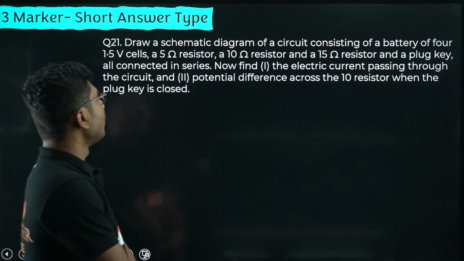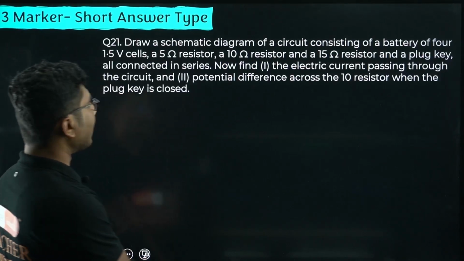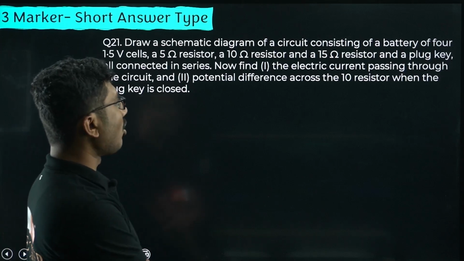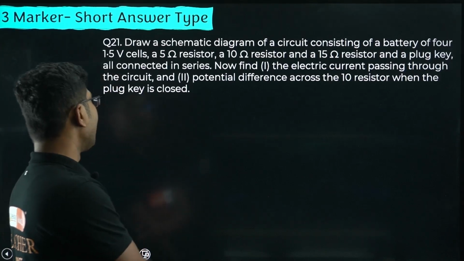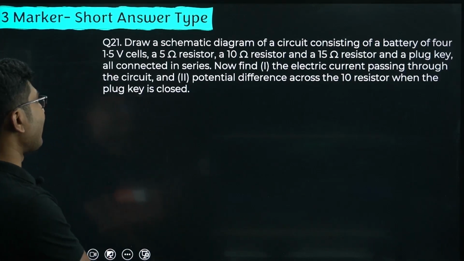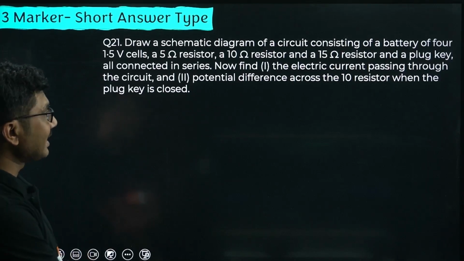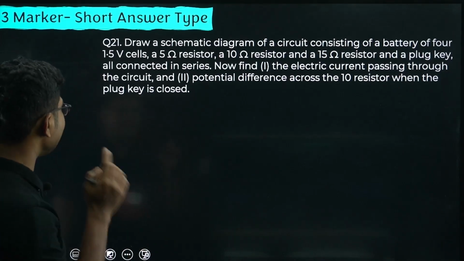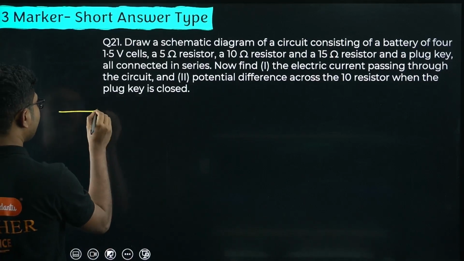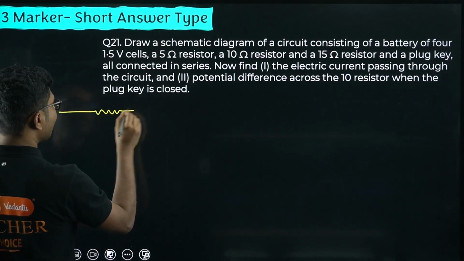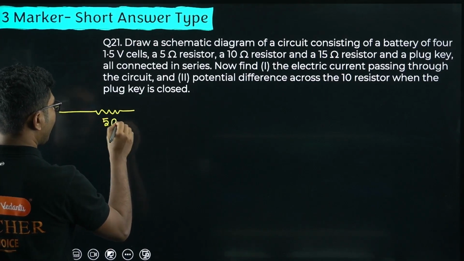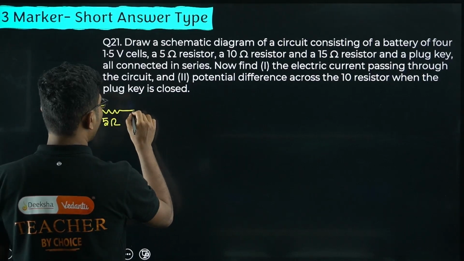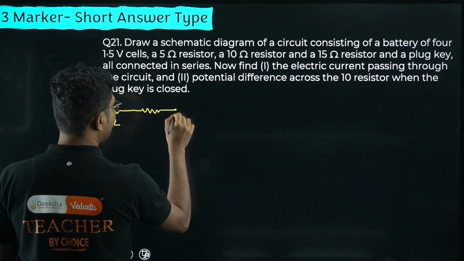Next question, draw a schematic diagram of a circuit consisting of a battery of 4 1.5 volt cells and a 5 ohm resistor, a 10 ohm resistor and a 15 ohm resistor, and a plug key, all connected in series. So let's draw that. So all connected in series, 5 ohm, then we have a 10 ohm, then we have a 15 ohm.